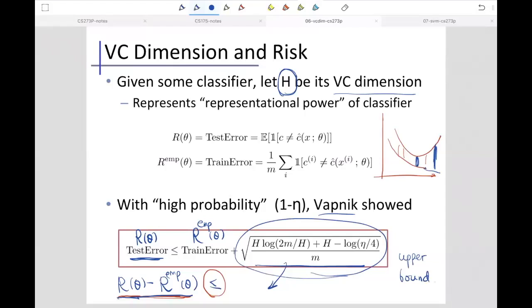This upper bound depends on a few factors. One number here is M. M is the number of training samples. So what this says is that the bound roughly scales as 1 over the square root of M. If you double the size of the training data sets, the bound is going to be lower, roughly divided by square root of 2.